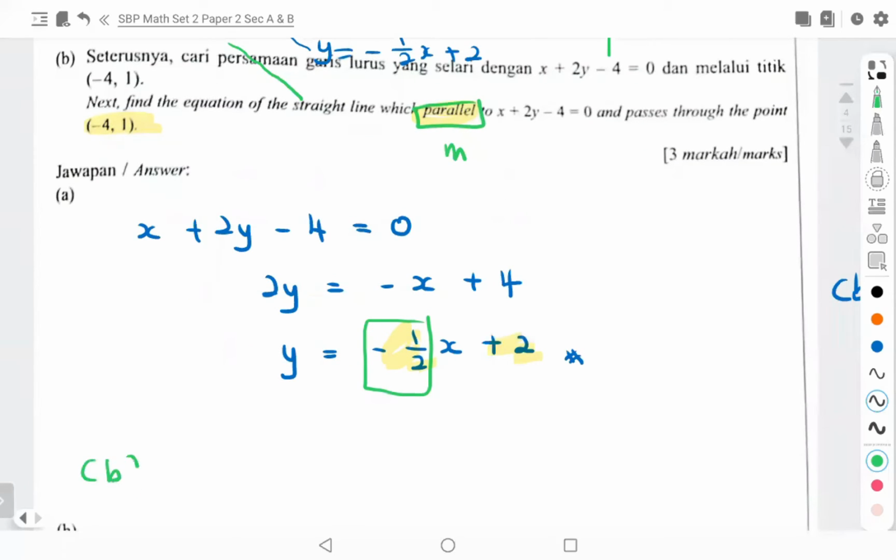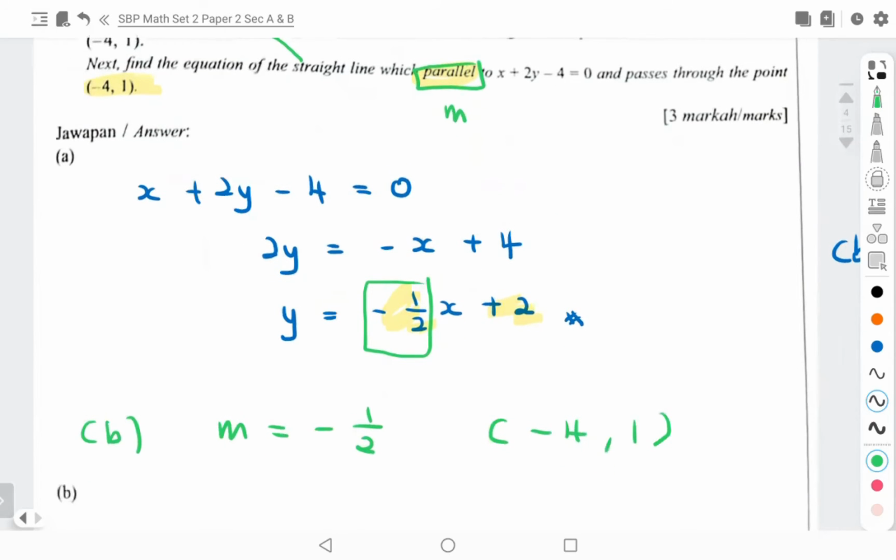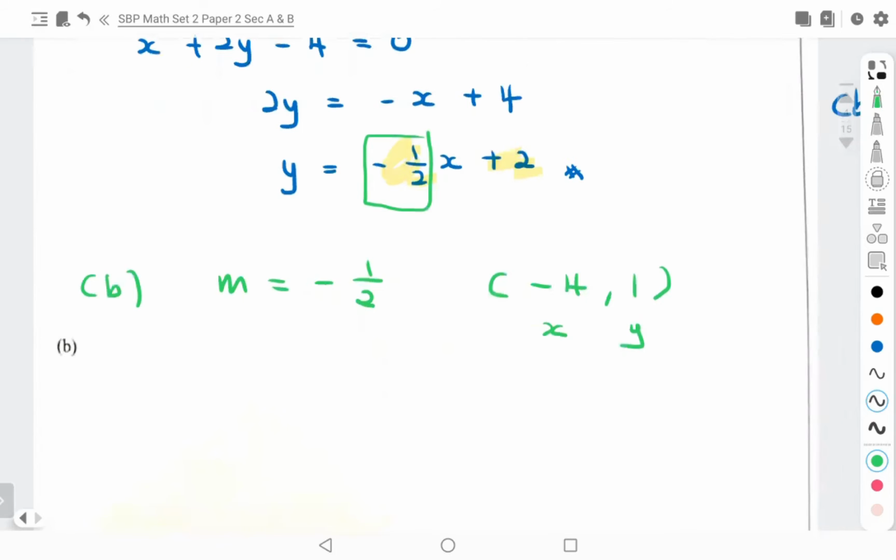For B, we have the gradient which is equal to negative 1 over 2. And we have a point which is negative 4 and 1. So if we are given the coordinate, meaning x is negative 4, y is 1. So now you have m, you have x, you have y. So refer to the general equation, y equal to mx plus c.